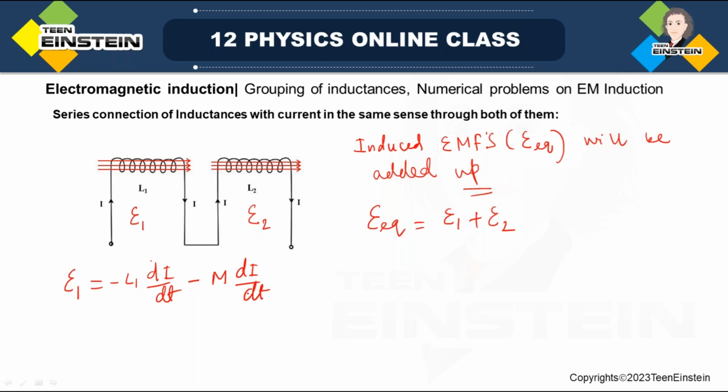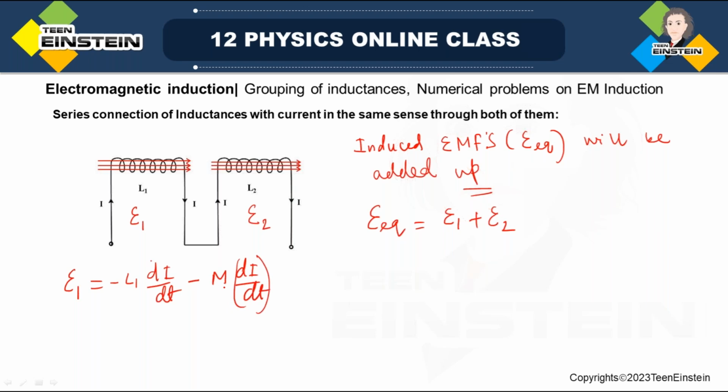The induced EMF is produced due to mutual coupling. Here M is the coefficient of mutual coupling, but the current is changing, and this factor is actually due to the second coil.